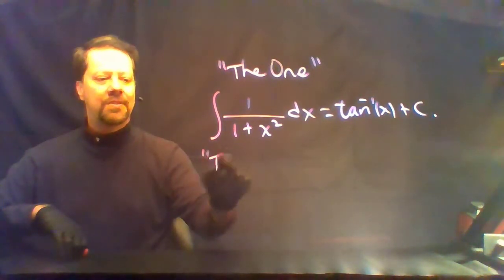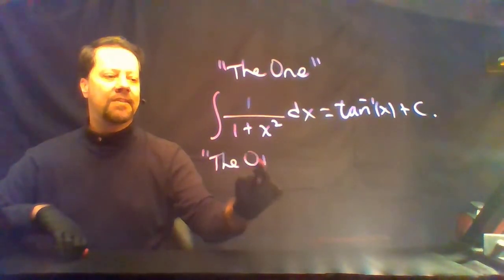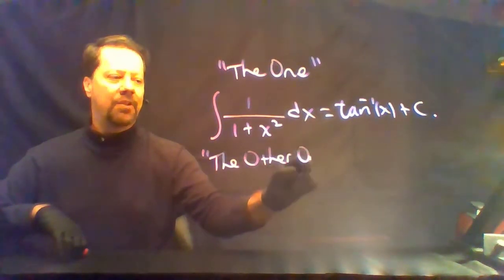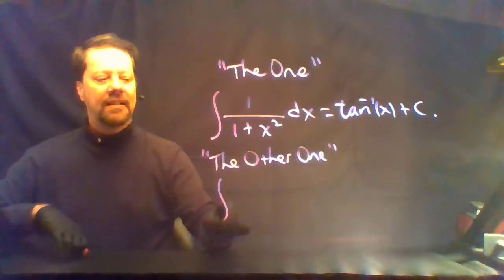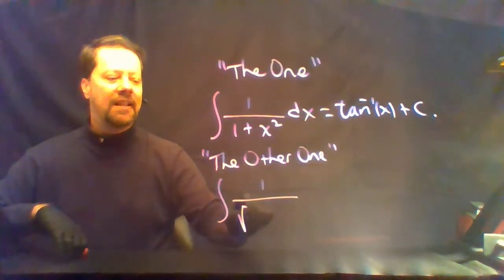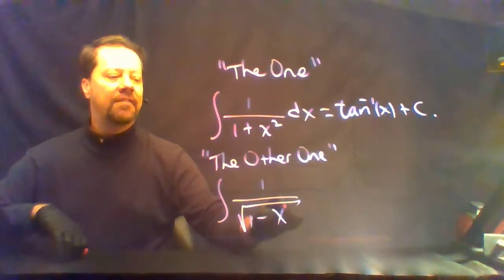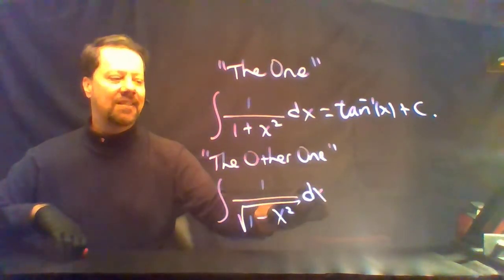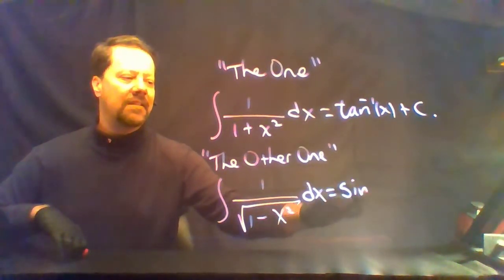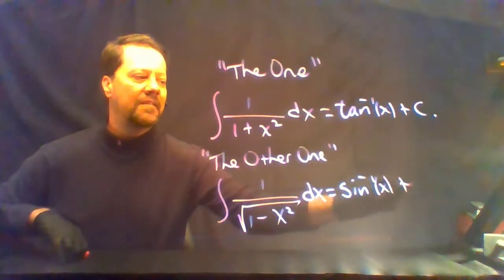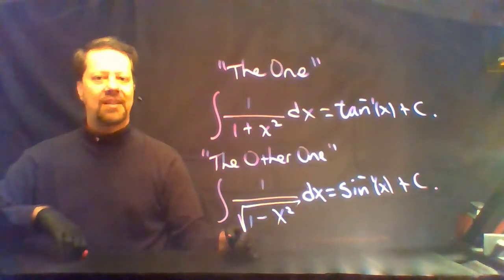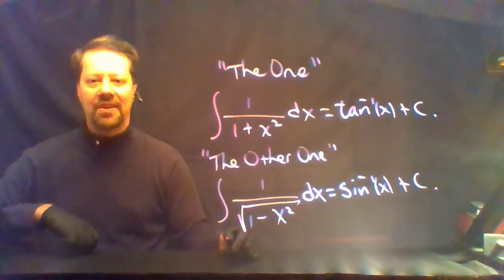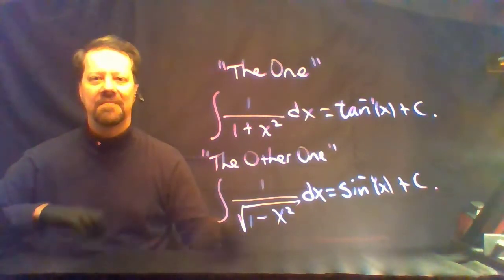But of course, there is the other one that I want you to remember, and that is the indefinite integral of 1 over the square root of 1 minus x squared dx is the arcsine of x plus c. Don't forget the plus c's on these indefinite integrals.